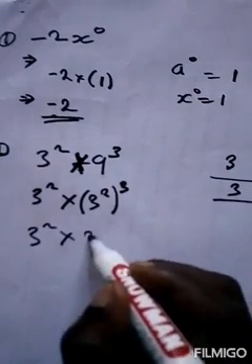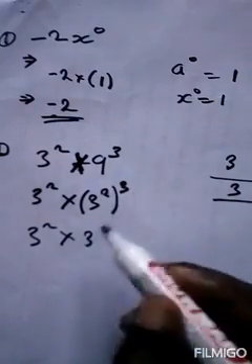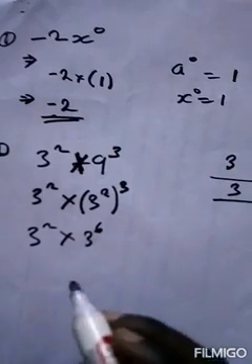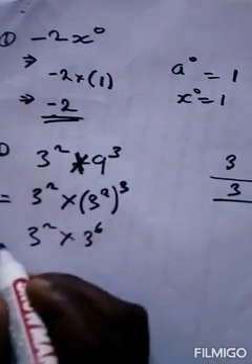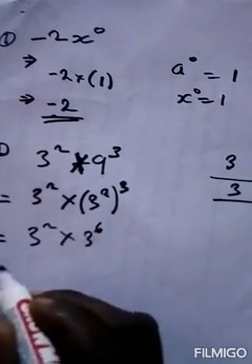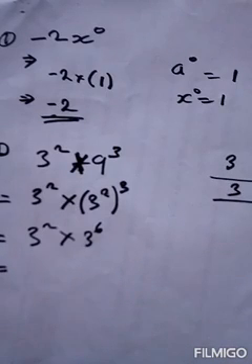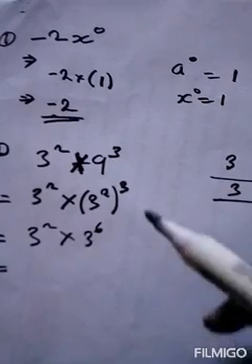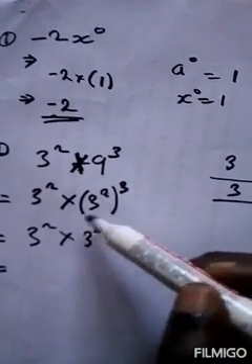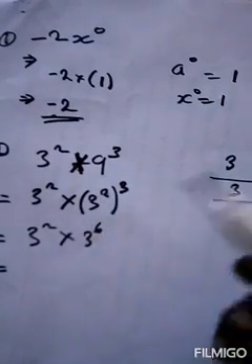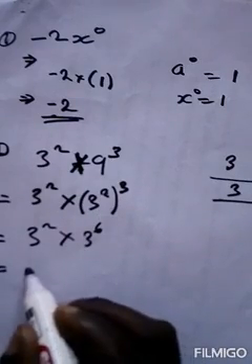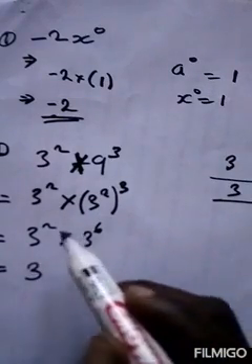So we're going to have 3, then 2 times 3, which is 6. Now according to the 3rd rule of indices, when you are multiplying an index expression with the same base, you simply add the powers. That was the point of us changing 9 into this form. We wanted to have a common base, which is 3. So you simply copy the base and then you add the powers.